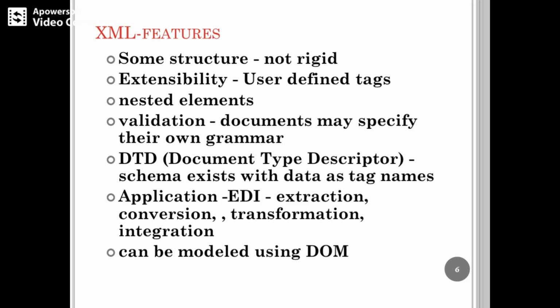And this DTD can be embedded in an XML document whose syntax rules it describes, in which case it is called an internal DTD. We have got two varieties, internal DTD as well as external DTD. Let's not discuss this more.